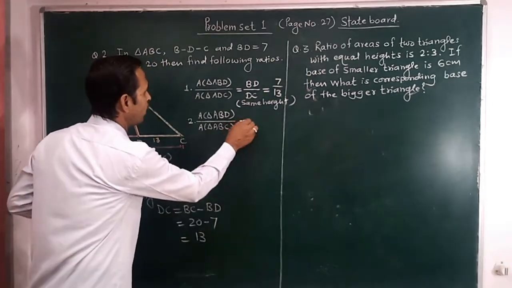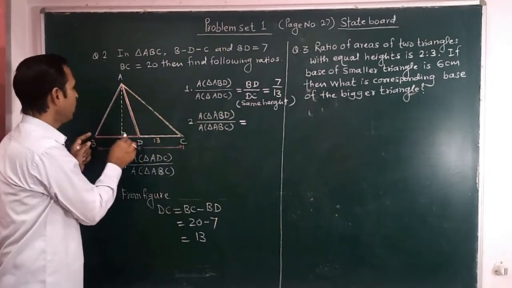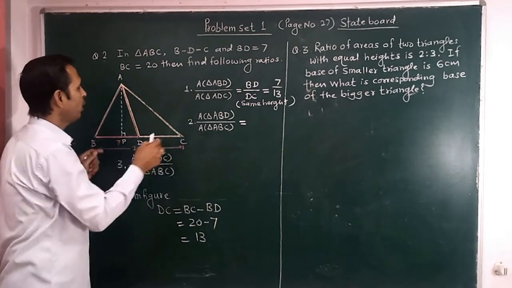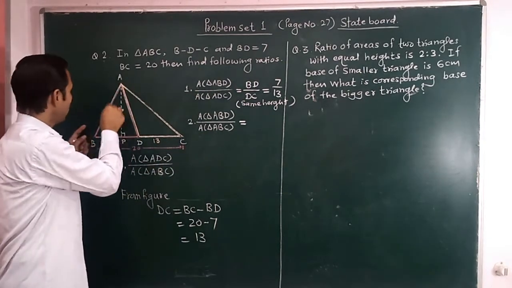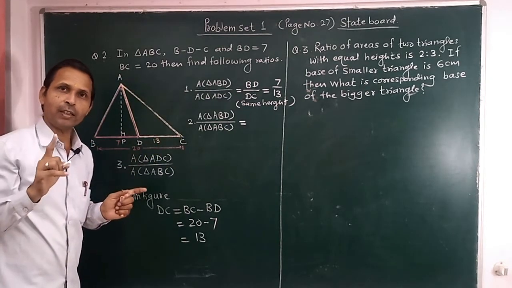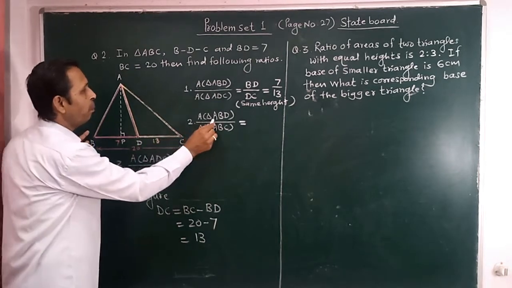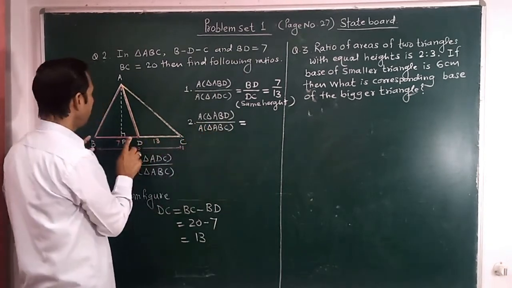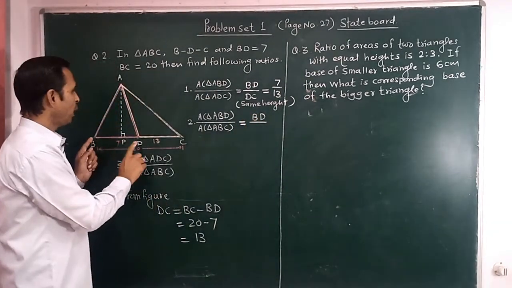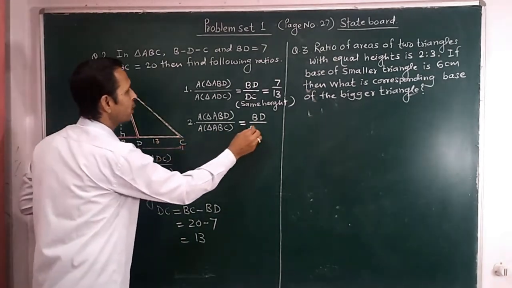Now the second ratio, triangle ABD. This is triangle ABD, and the other triangle is ABC. ABC means this is the original triangle. Again these two triangles have the same height, and that's why the base of triangle ABD is BD divided by the base of the other triangle ABC. The base of ABC is BC.